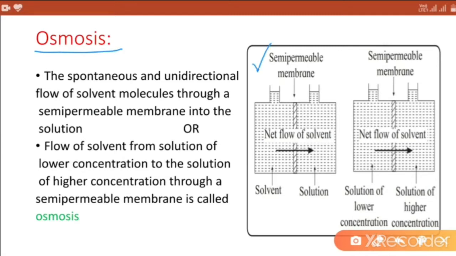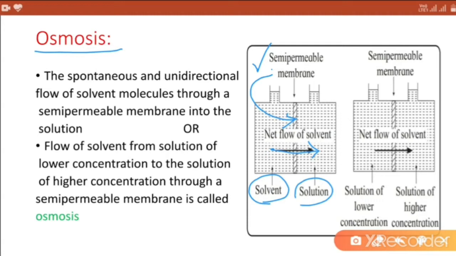First diagram, in which there is a flow of solvent molecules in the solution, and the direction of net flow of solvent is from solvent to solution through semi-permeable membrane. This is semi-permeable membrane, which allows only the solvent molecules and not solute molecules.